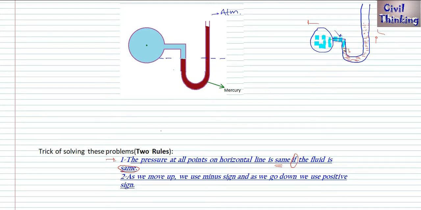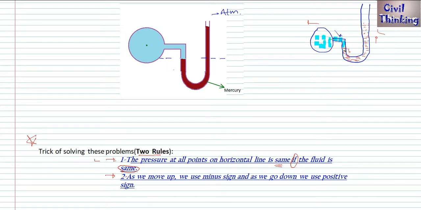We have two rules, and believe me, when you understand these two rules, they are really important. Rule 1: the pressure at all points on a horizontal line is the same if the fluid is the same.